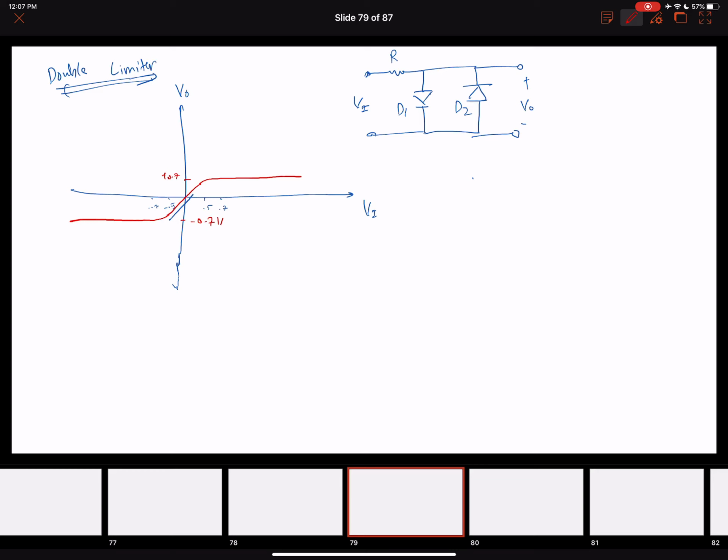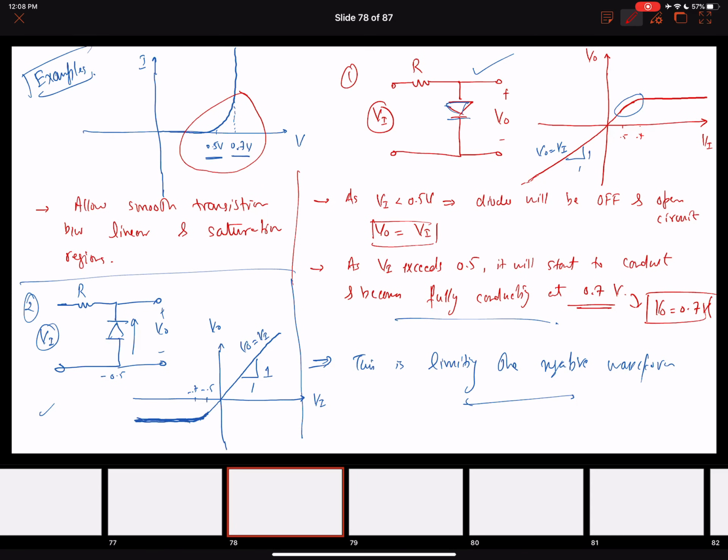So just by looking at the circuit, we can easily draw the transfer characteristics. You may see some of these problems often in the book and in your exams or other quizzes. The reasoning is exactly the same over here.